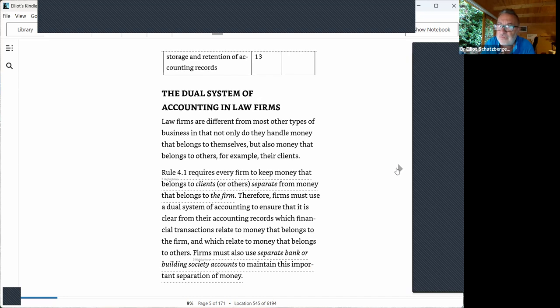So first thing then is that we need to make sure that we keep client money separate from firm or business money. So the first thing we need to absolutely understand is that physically we've got to have, generally speaking, at least these two separate bank accounts.